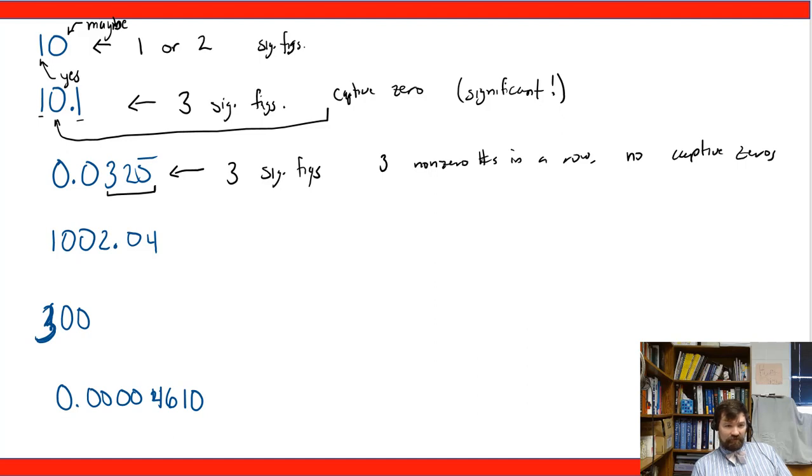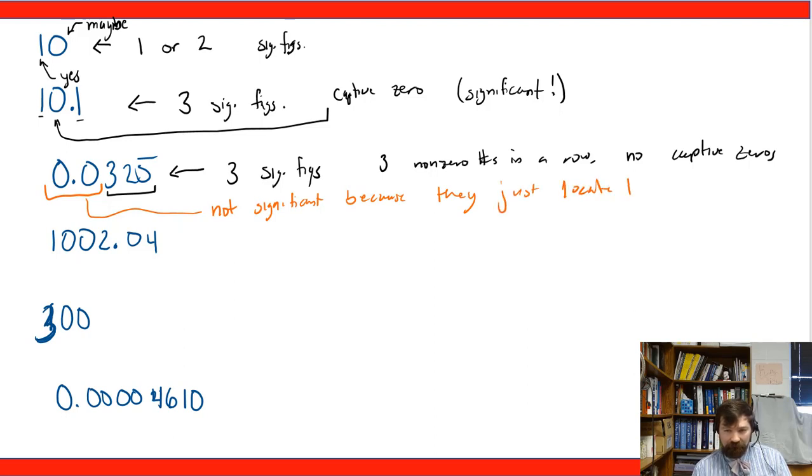And these other two, the 0.0, these are not significant, because they just locate the decimal. In other words, we could rewrite this number in scientific notation, if you watched the previous video, as 3.25 times 10 to the minus 2.